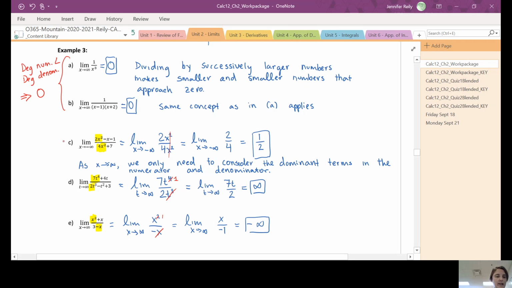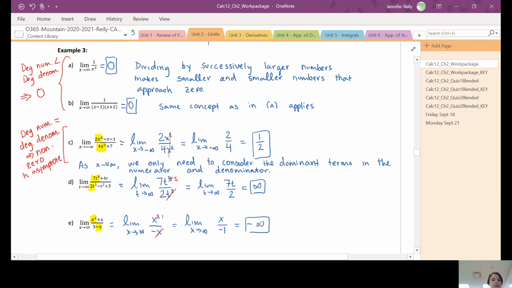In this case here, we had the degree of the numerator and denominator being equal. Therefore, we got a horizontal asymptote, but it was not at 0. So in this case, we had degree of numerator equals degree of denominator. I'll write non-zero horizontal asymptote.